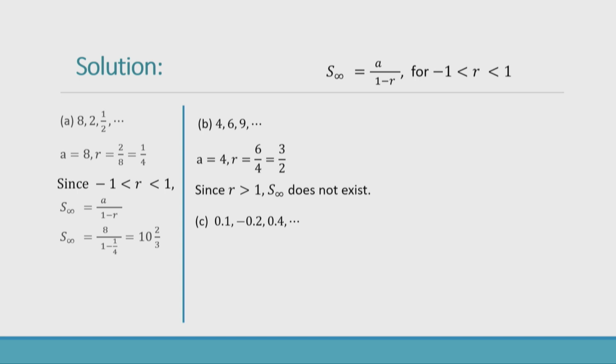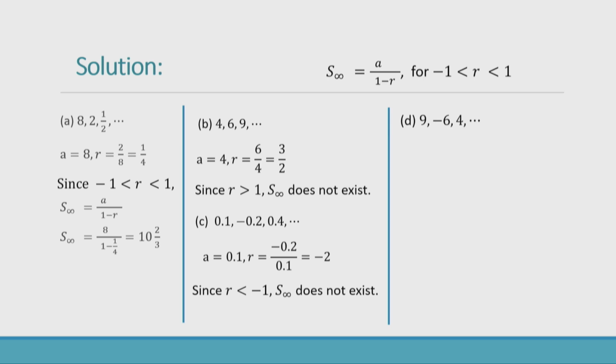Part C, 0.1, negative 0.2, 0.4. So here A is 0.1. R will be negative 0.2 over 0.1, which is negative 2. So here R is less than negative 1. Therefore, the sum to infinity does not exist.